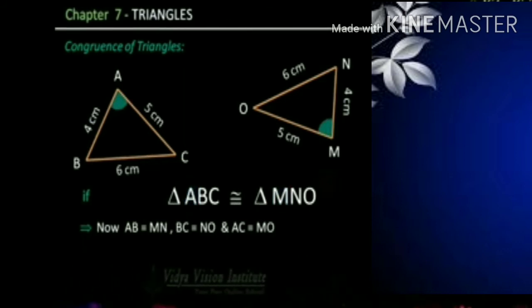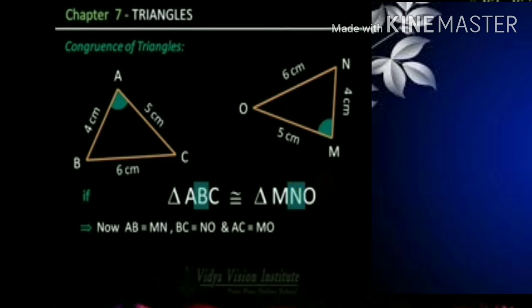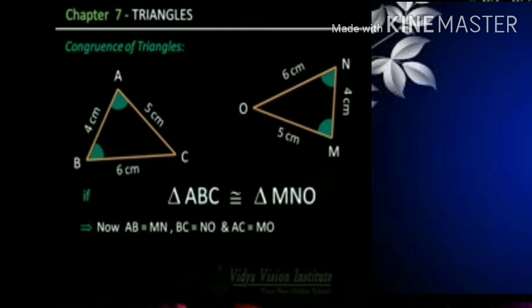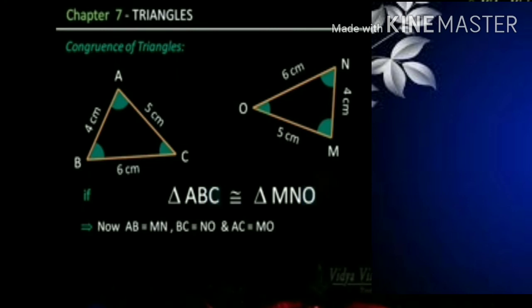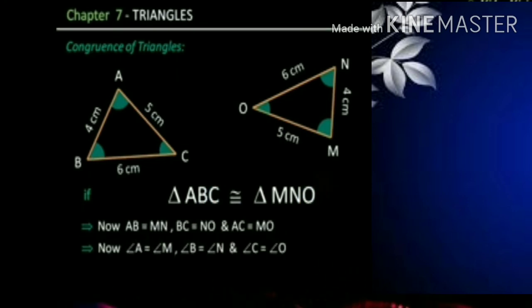So angle A is equal to angle M, angle B is equal to angle N, and angle C is equal to angle O. So what we have observed is that sides as well as angles are equal to each other.